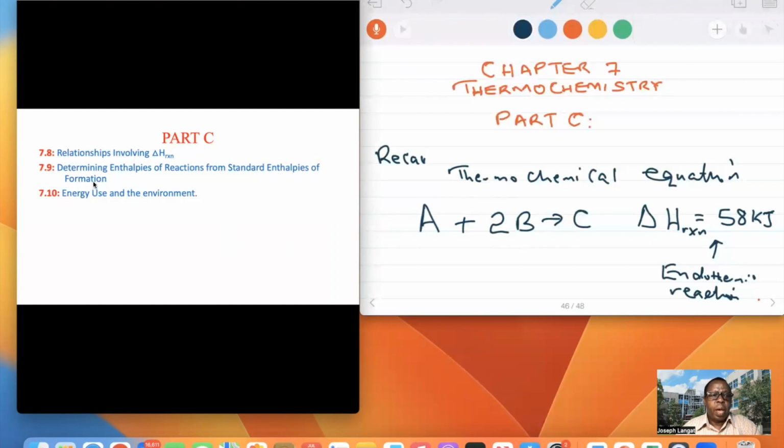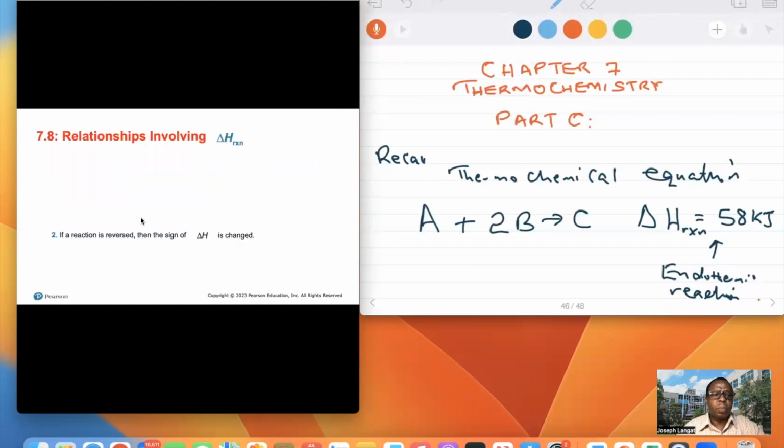In section 7.9, we will look at how to determine the enthalpies or heat of reaction from the standard enthalpies of formation. There are some literature values which you will need, or you will be given, in order to calculate the standard enthalpies for chemical reactions. And lastly, briefly, we look at the use of energy in section 7.10.